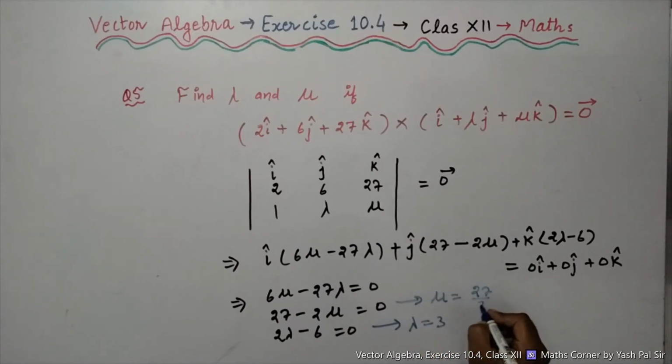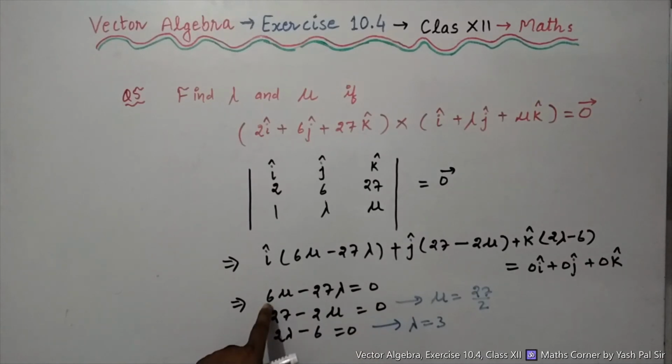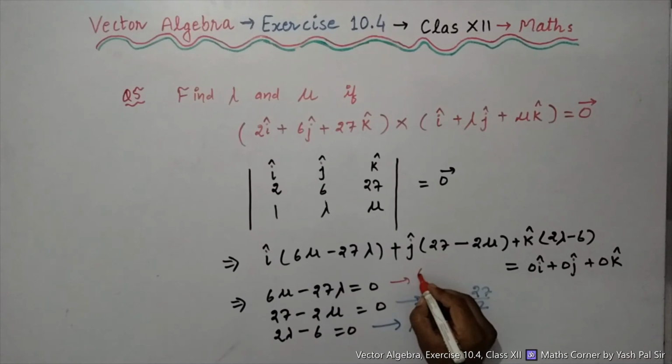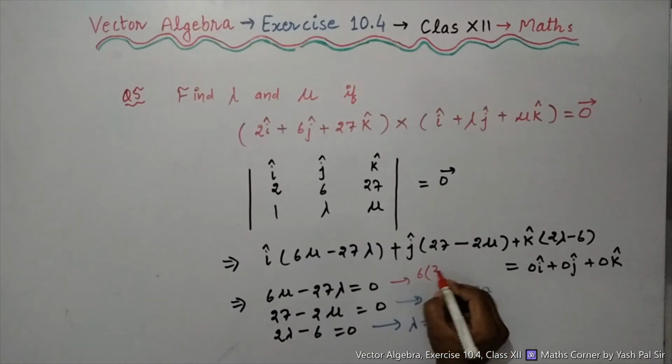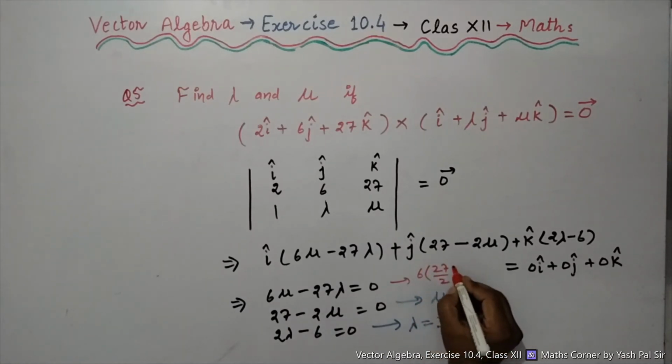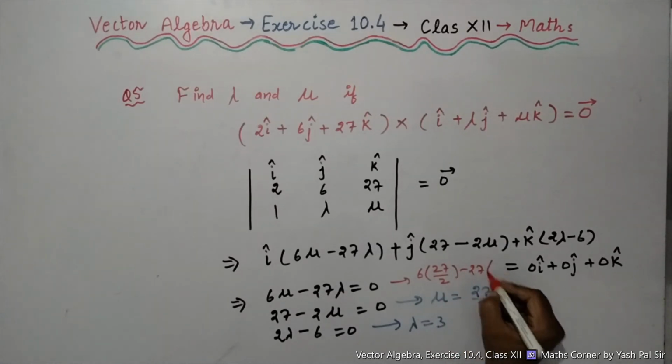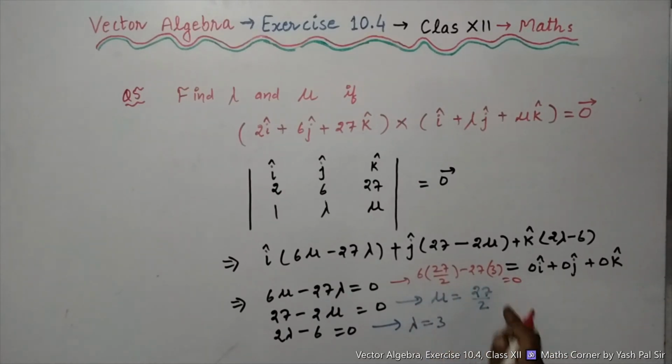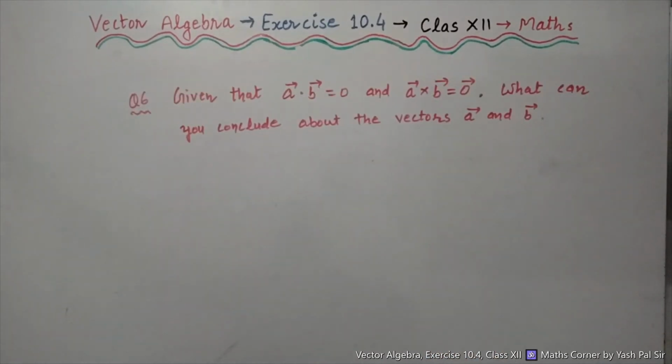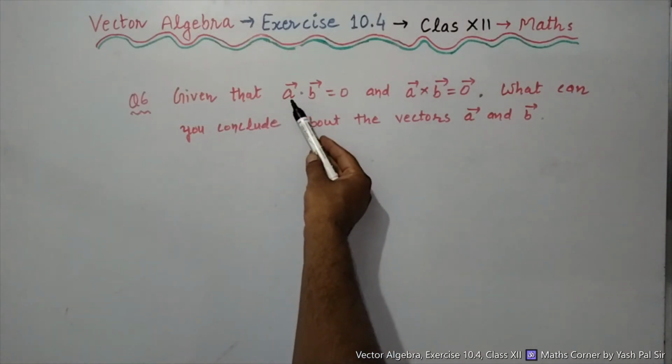From here mu is equal to 27 upon 2. We can verify the value also in the first equation: 6 into the value of mu, 27 upon 2, minus 27 into lambda. Lambda is 3. So this is equal to 0, hence verified. So the value of lambda is 3, mu is 27 upon 2.